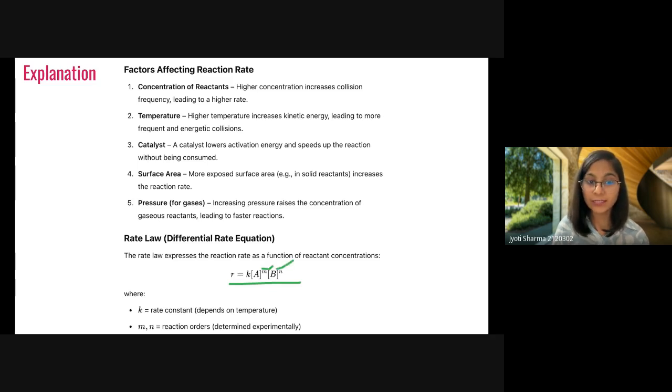These are the reaction orders, not just the coefficients, and we can't calculate them using the coefficients, but we have to determine them experimentally. So the question was how we can calculate this m and n. We can calculate it using an experimental data set. Okay.